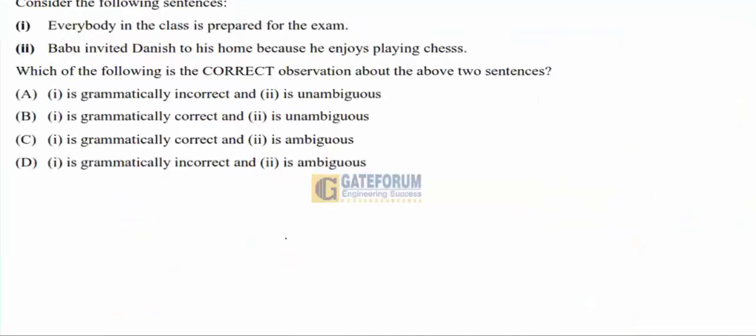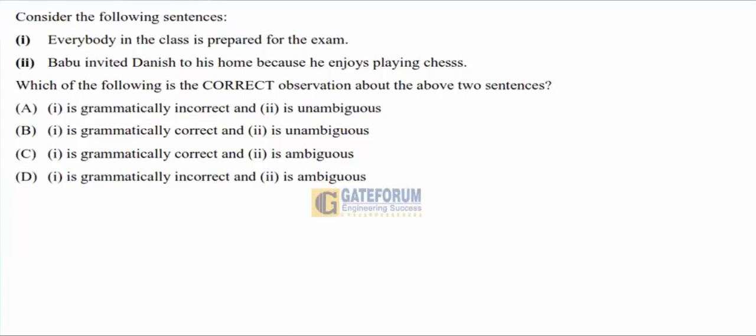Okay. Consider the following sentences. Everybody in the class is prepared for the exam. Babu invited Danish to his home because he enjoys playing chess. Which of the following is the correct observation about the above two sentences?